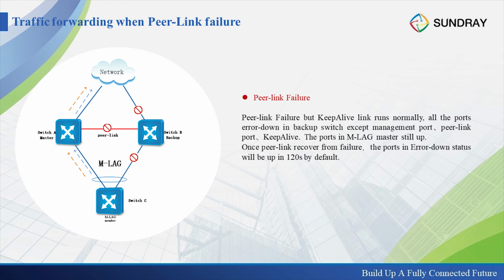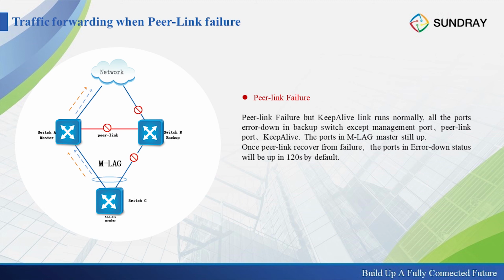This means, for example, that we have already configured MLAG between switch A and switch B, the devices have started normally, and the MLAG is working normally. But at this time, I unplug the peer link.